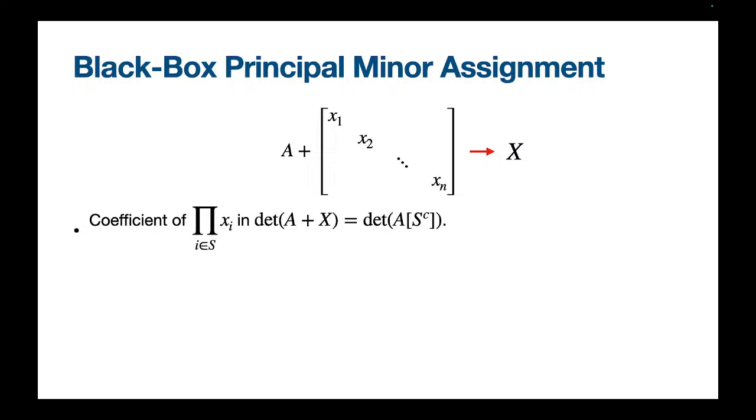Here is another view of this principal minor assignment problem. Suppose this is the input matrix A, and X is the diagonal matrix whose entries are distinct variables.